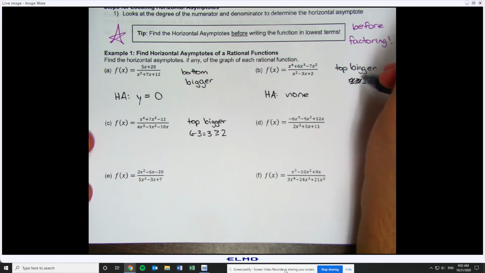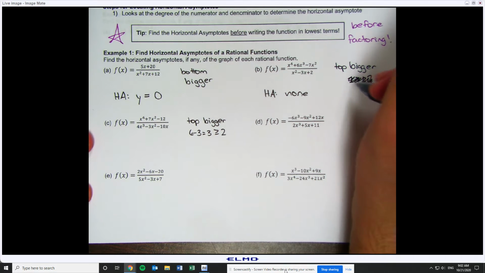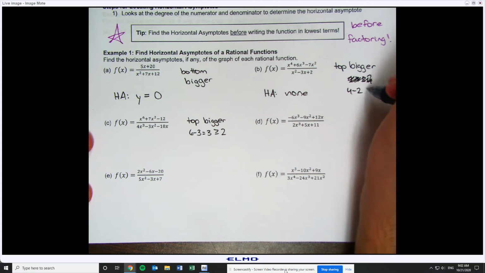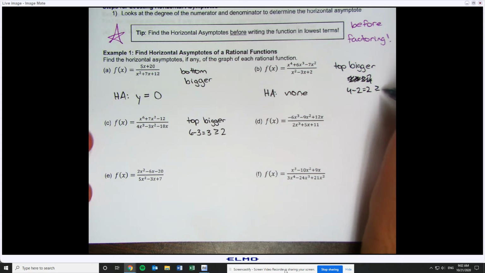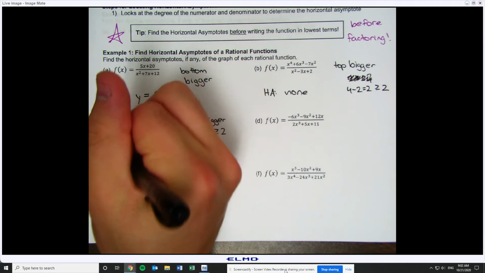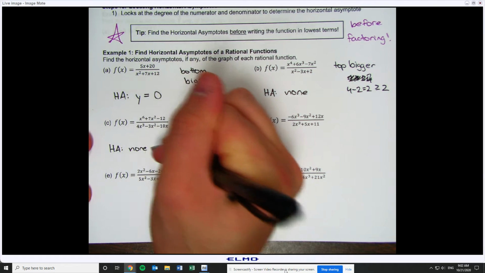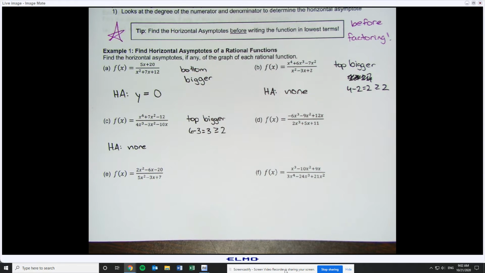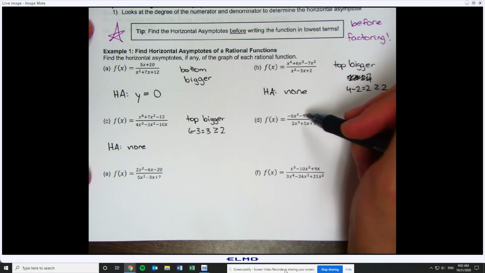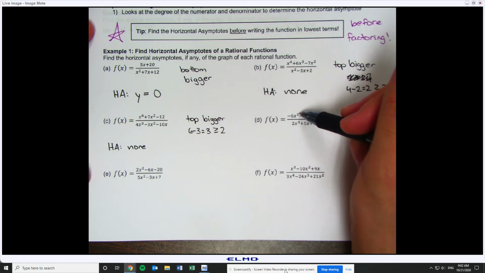That's an easier way to go about it. I'll change that over here a minute. So 4 minus 2 equals 2, which is greater than or equal to 2. So that means that we just don't have a horizontal asymptote. Nothing else to do.